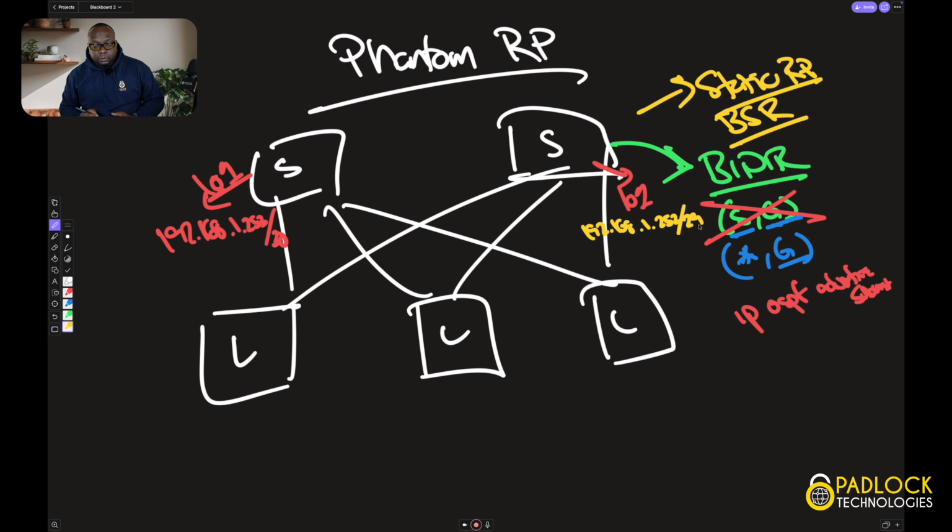All right. Because you have the longest match, when you go to join the tree, or when you go to do a PIM join, you're going to go over to spine 1. Let me make sure this is spine 1, spine 2, because of longest match.